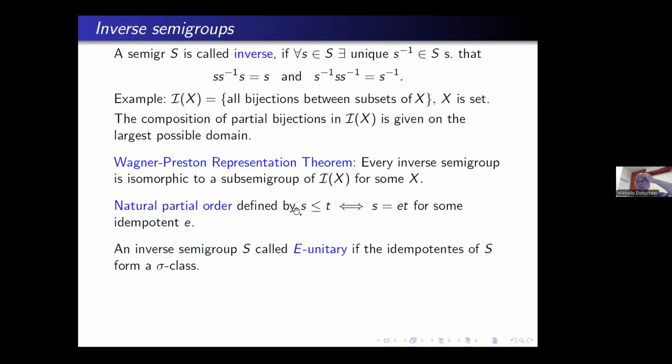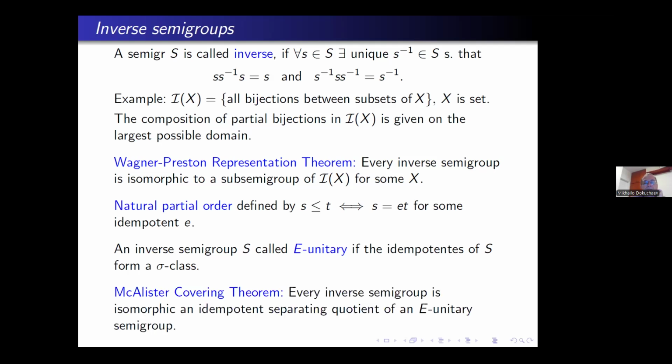So this natural order defines an equivalence relation, which is a congruence actually. So it generates an equivalence relation, which is a congruence. So if all idempotents form a unique sigma class, then our semigroup is called E-unitary.